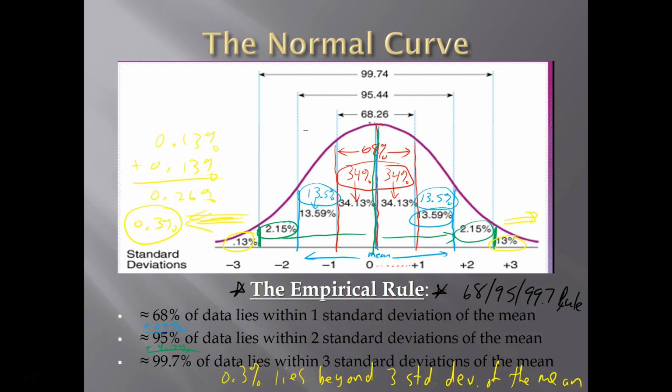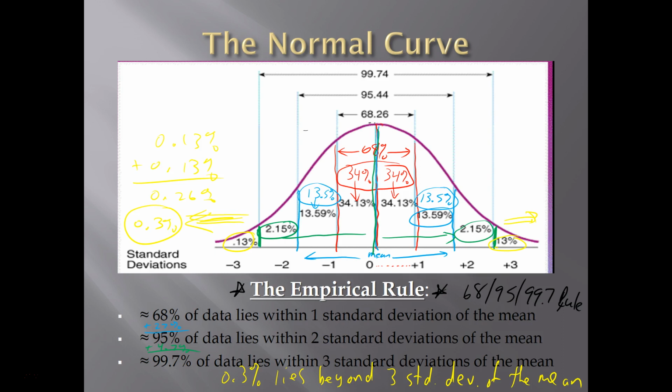If you, say, ran a company and you were trying to maximize your sales, like maximize your customers, you know that 99.7% are going to be within 3 standard deviations of your mean. Just find your mean, find your standard deviation, and go out 3 standard deviations above, and 3 standard deviations below, and 99.7% of your customers are going to come within that range.